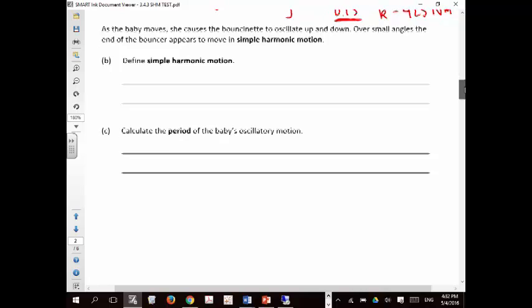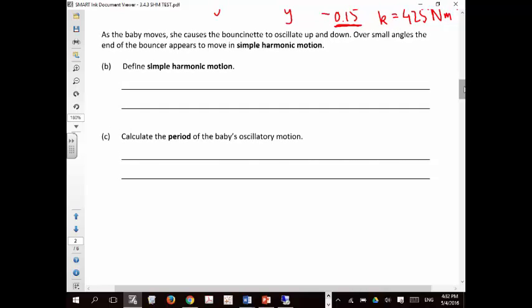Okay, the second question says, as the baby moves, she causes the bouncy net to oscillate up and down. Over small angles, it's simple harmonic motion. Define simple harmonic motion. So there are 2 points that we need to make.